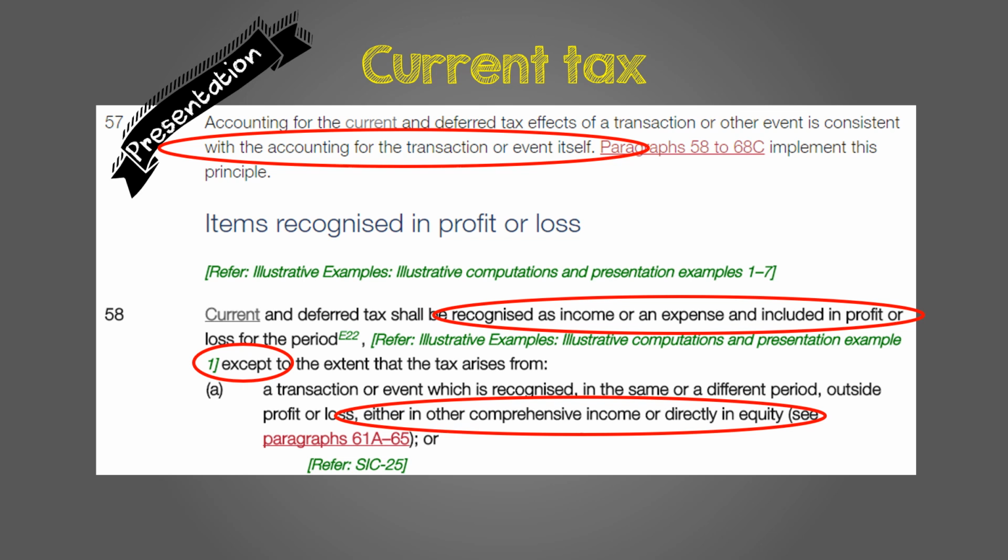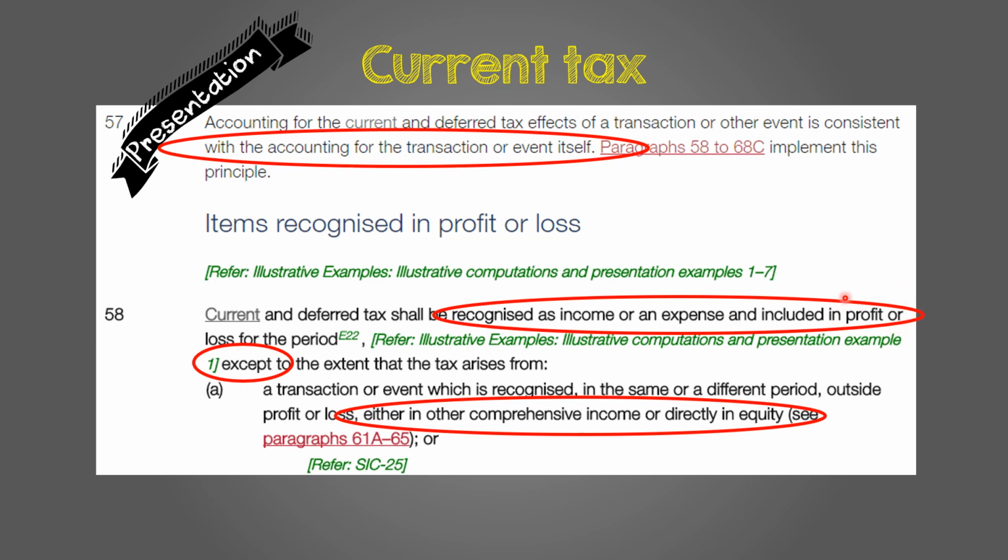And then in paragraph 58, they say current and deferred tax shall be recognized as income or an expense and included in profit or loss for the period, except when the transaction or event that causes the tax is recognized in the same or a different period outside profit or loss, either in other comprehensive income or directly in equity. So the default is for tax to be recognized in profit or loss.